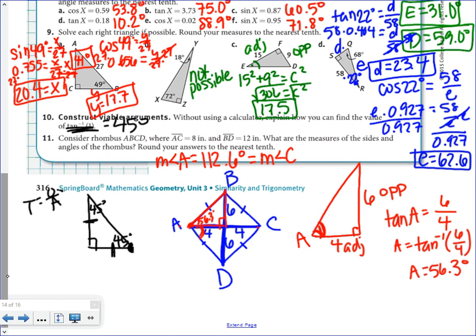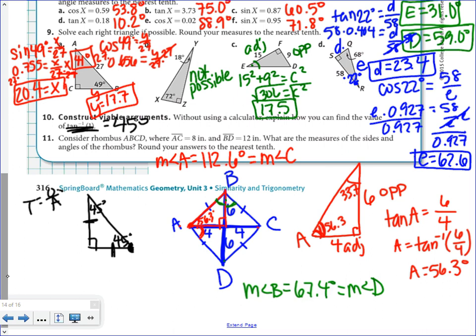Then, if I know this is 56.3, this angle up here is going to be 33.7. So if this angle is 33.7, this angle is also 33.7. So that means that the measure of angle B is equal to 67.4 degrees, and the measure of angle D is equal to 67.4, because your opposite angles in a rhombus are congruent.